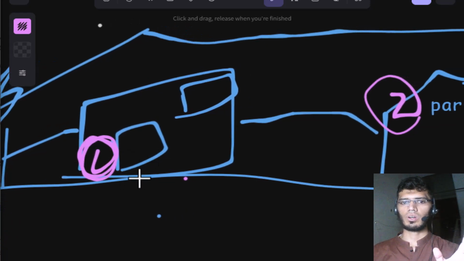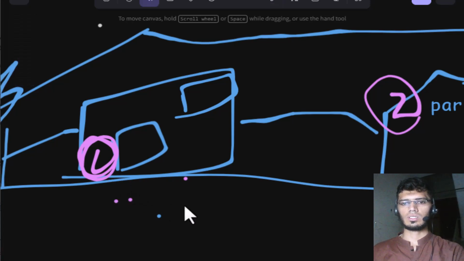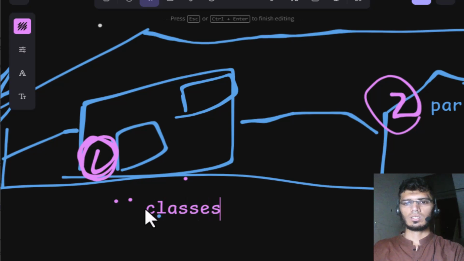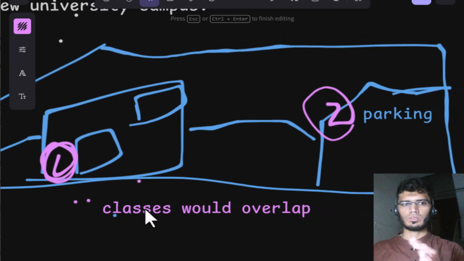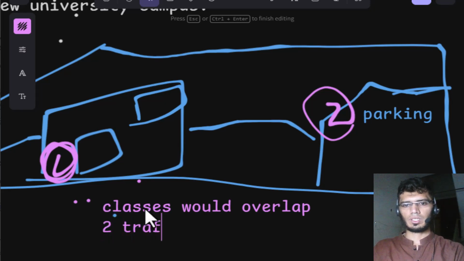Like classes, what will happen is that classes would overlap. Second of all, if you do not ensure parking, then traffic would not be managed.